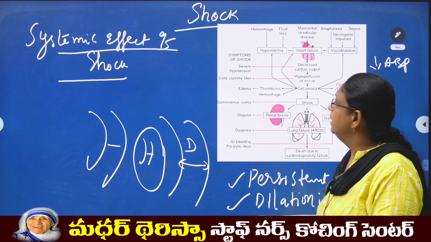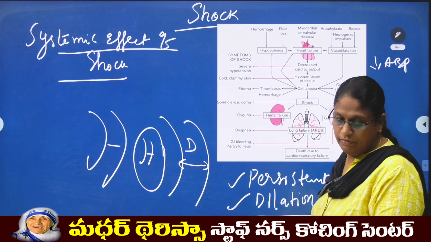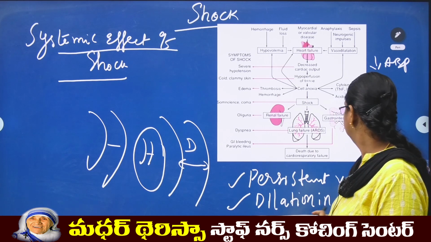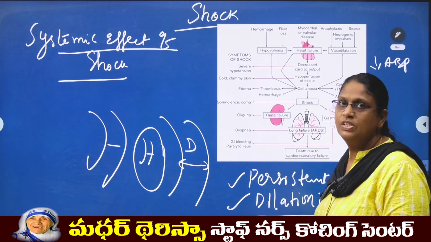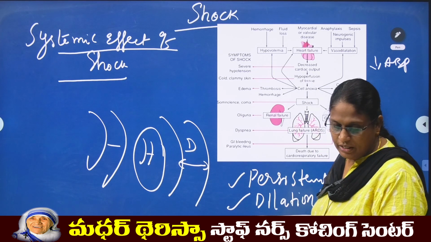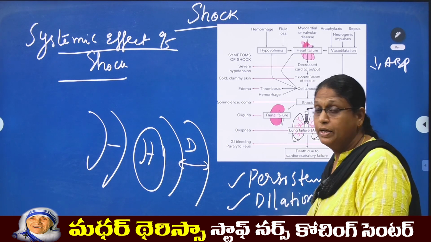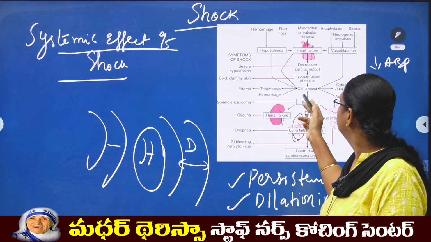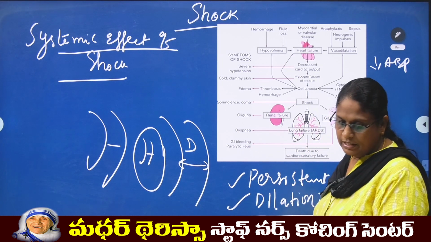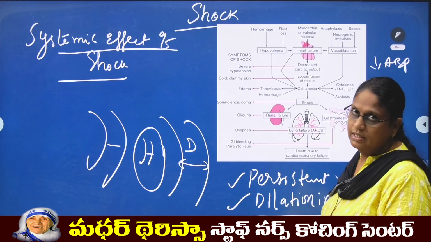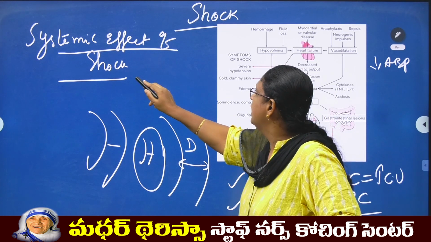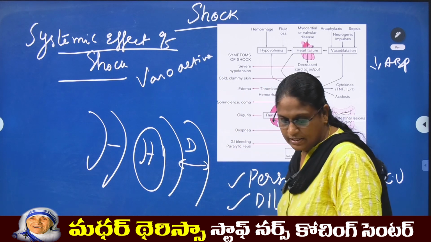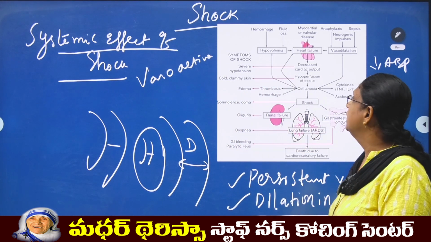As the dilation continues, there will be damage to microcirculation, increase in pooling of blood in microcirculation, and cellular hypoxia, that is cell anoxia, which releases vasoactive substances, and there is an increase in metabolic acidosis.